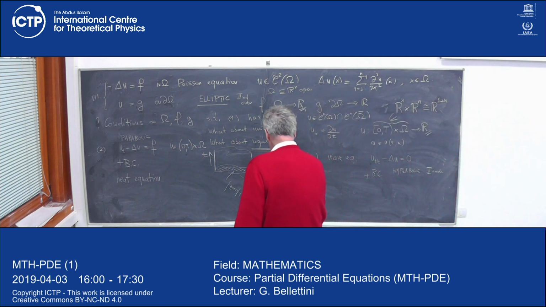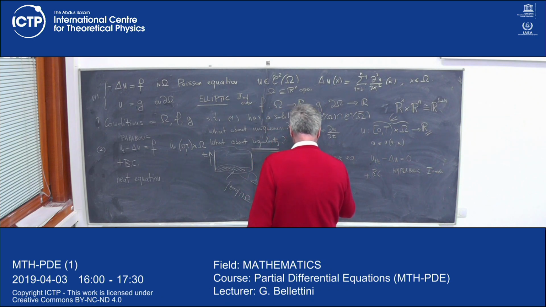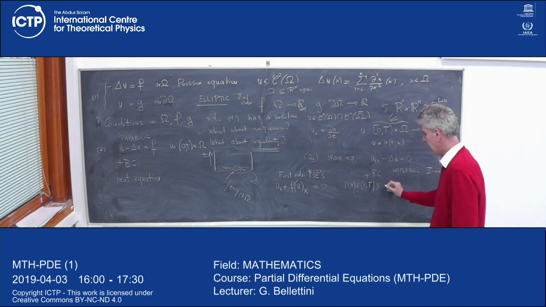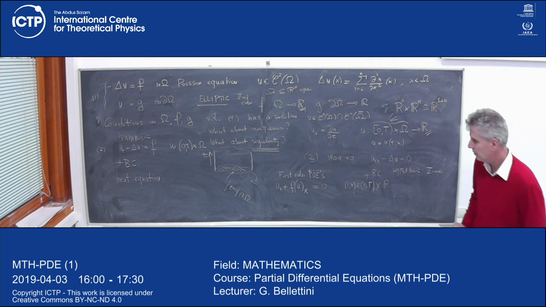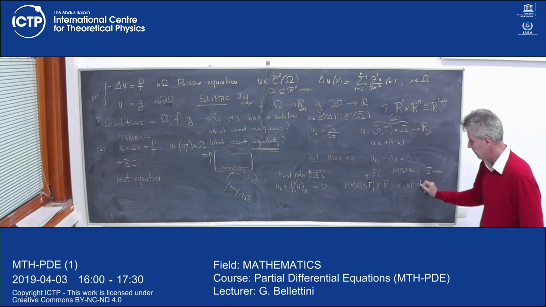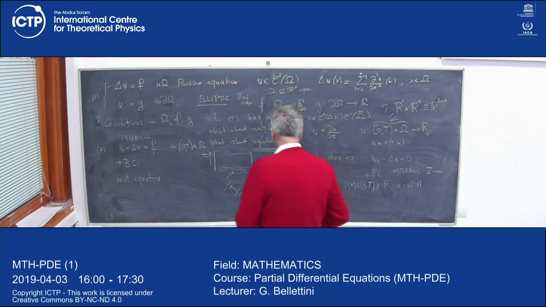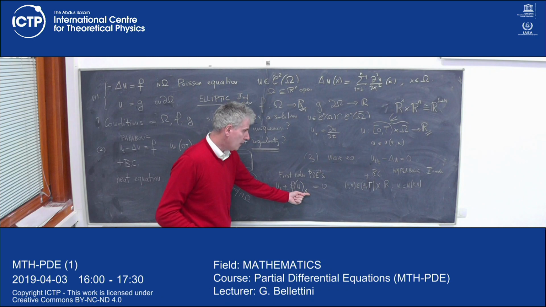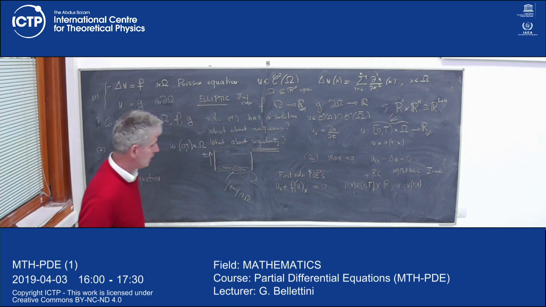So one typical example, with t, x in 0 to plus infinity times R, one space dimension, u equal u of t, x. This is called a hyperbolic first order PDE. You see here it appears only the first derivative with respect to the space x and the first derivative with respect to time.